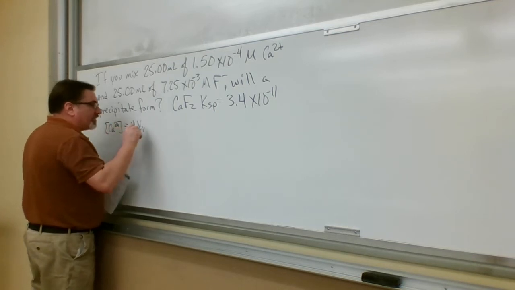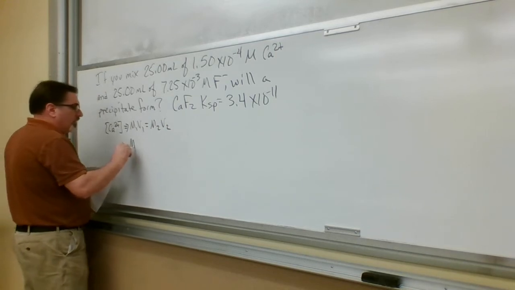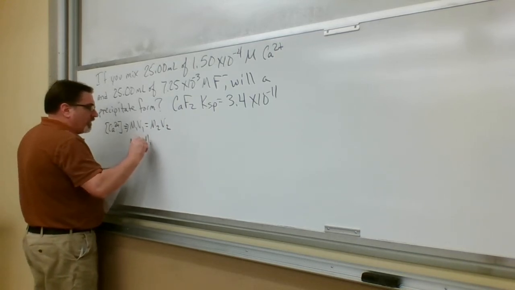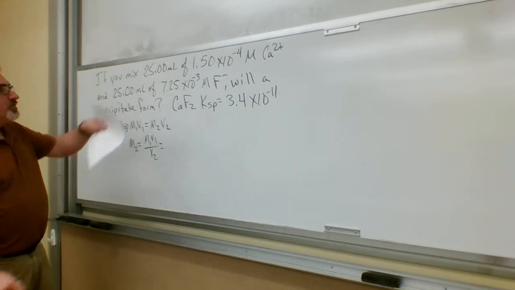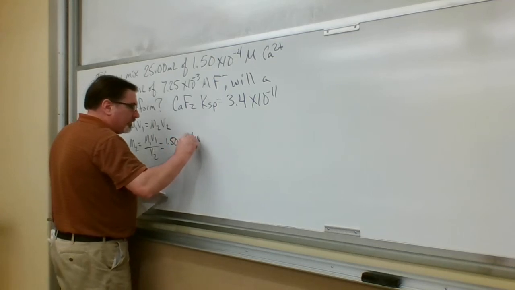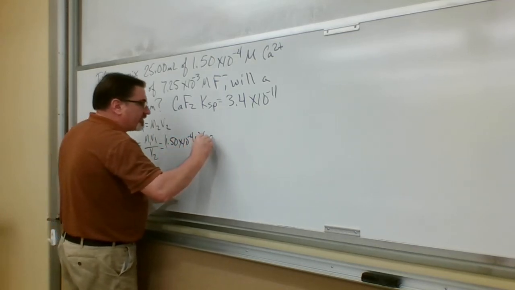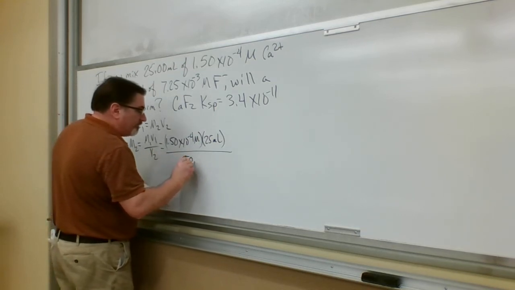We calculate that with M1V1 equals M2V2. M2 is M1V1 over V2. So our initial molarity is 1.5 times 10 to the minus fourth molar, and there's 25 mL of that. Now we have 50 mL total at the end.